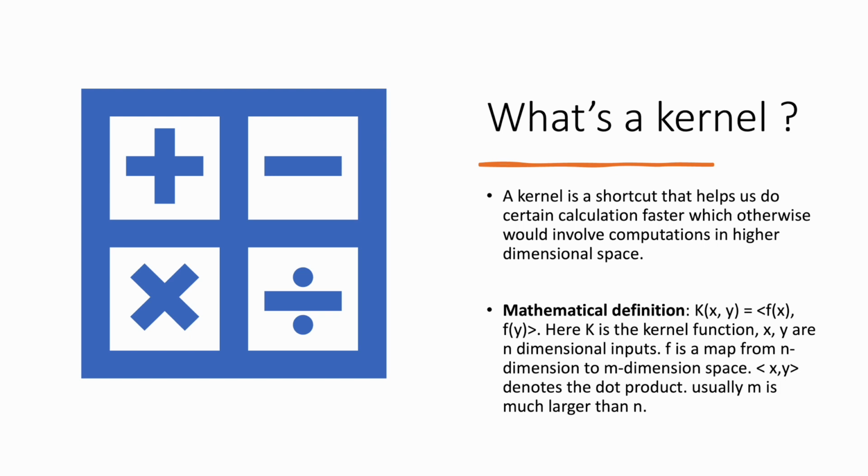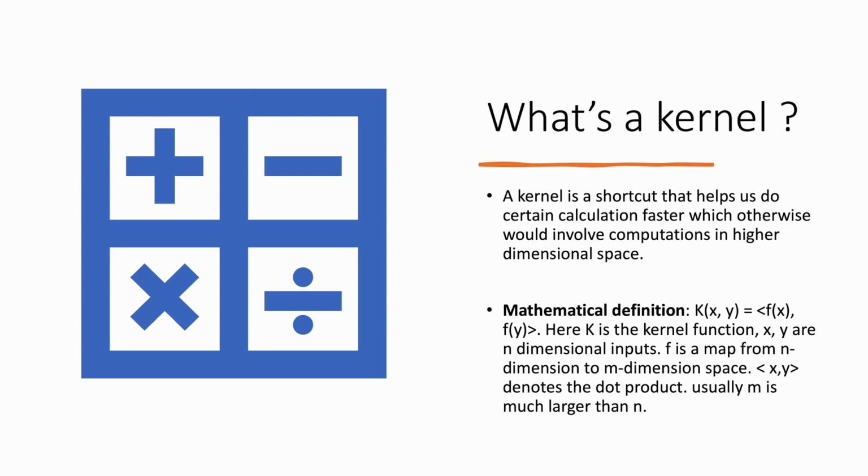So what should the kernel be doing? The kernel should be performing the dot product of two functions f(x) and f(y), right? So I'll take two data points from my existing n dimension, and then I have to calculate the dot product of them in higher dimension.